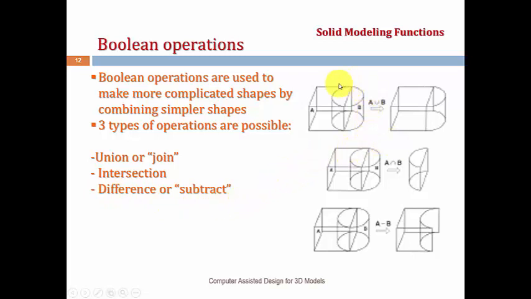So if I have cylinder and box, by combining the cylinder and box, I can get a new shape, new model, right? And by intersection of these two simple or primitive models, cylinder and box, I can get this model. And by subtracting this cylinder from the box, I can get this shape, okay, and so on.